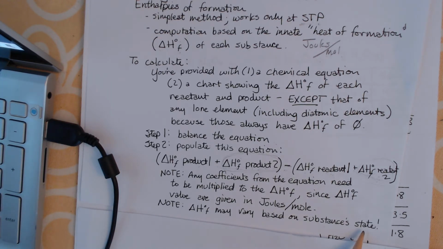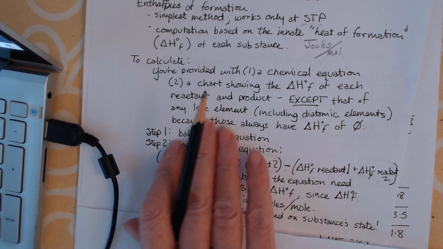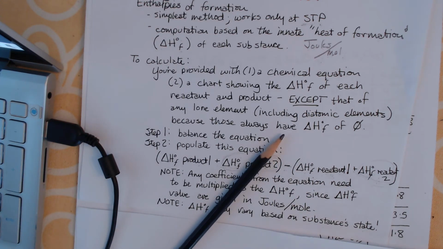So if you look at the table that we give you and you see that, for example, H2O is on the table as liquid and gas with different standard heats of formation, then you've got to use the right one in your calculation. All right? Okay. Let's do some examples, shall we?